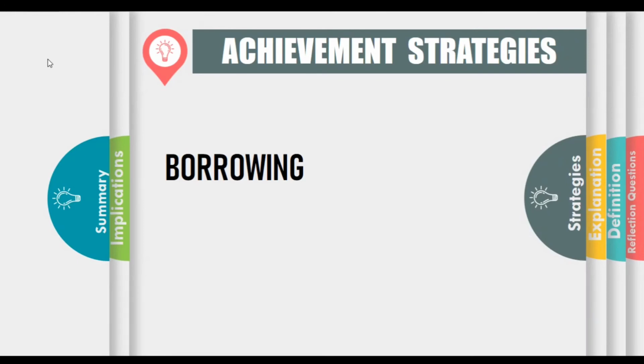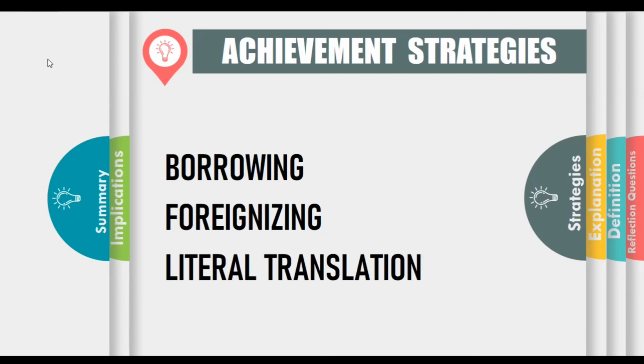We know that monolingual classes, such as the ones that we teach in, often use this easy way out. Also, some of our students are good at foreignizing, for example, pronouncing Filipino words as if they belonged to English, or even adjusting their form to take account of typical morphological features of English. Another strategy is literal translation.